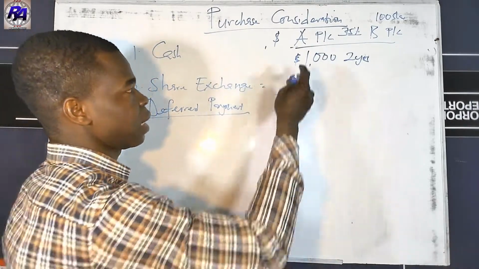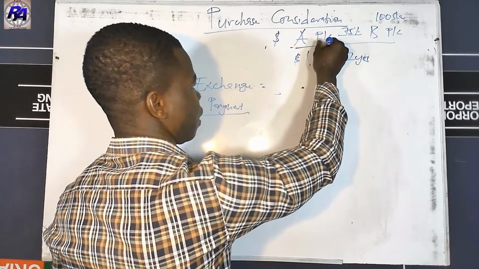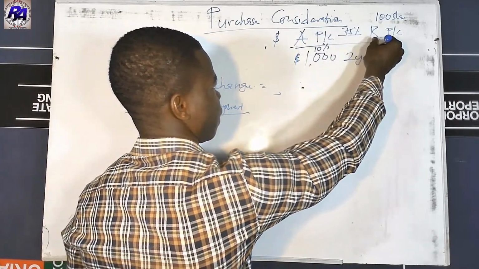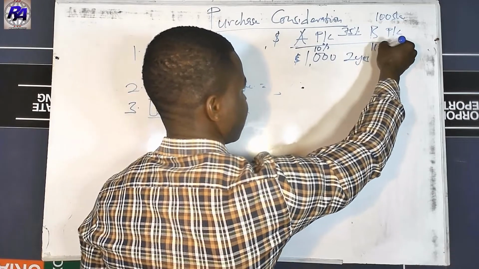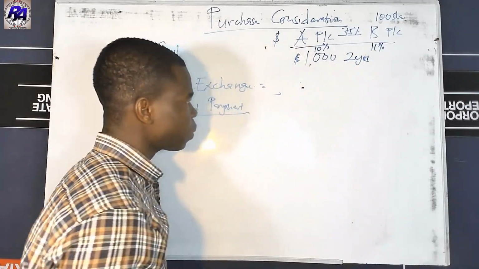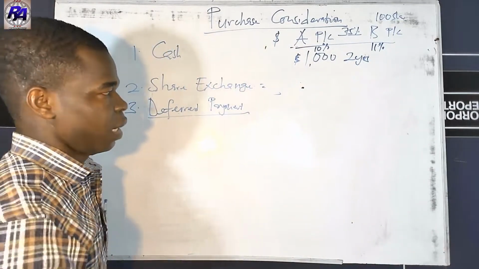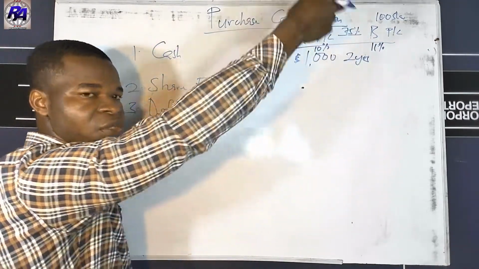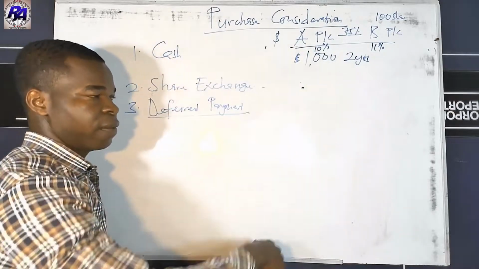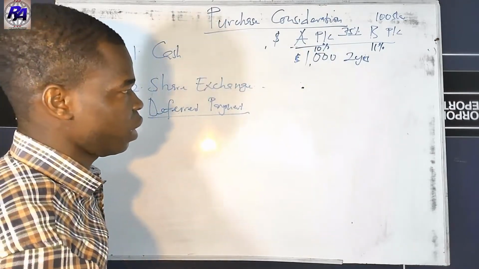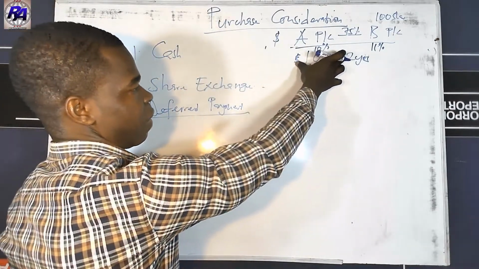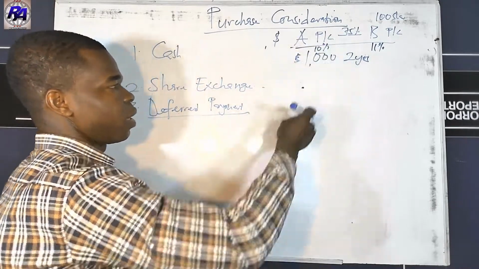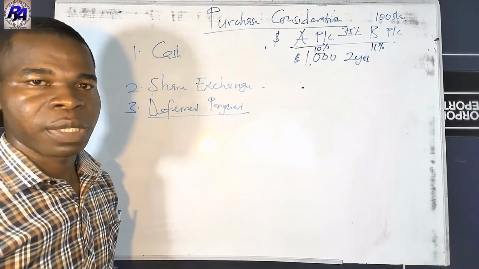So let's assume that the cost of capital for the parent is 10%, while that of the subsidiary is 11%. So if that happens, you have to bring this value, which is supposed to be received by the subsidiary in 2 years' time, into today's value. So what we do here is find the present value of the future amount, which is the $1,000.